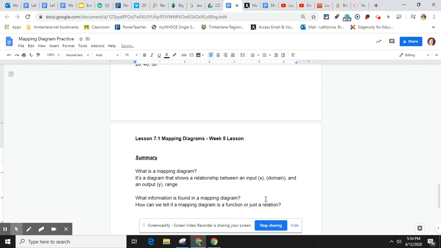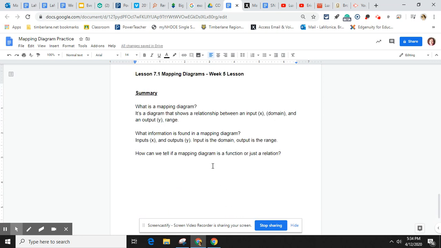What information is found in a mapping diagram? So we could say inputs are X and outputs are Y. Input is the domain, output is the range.